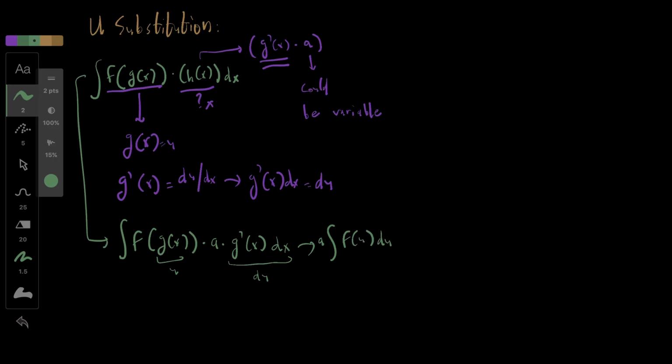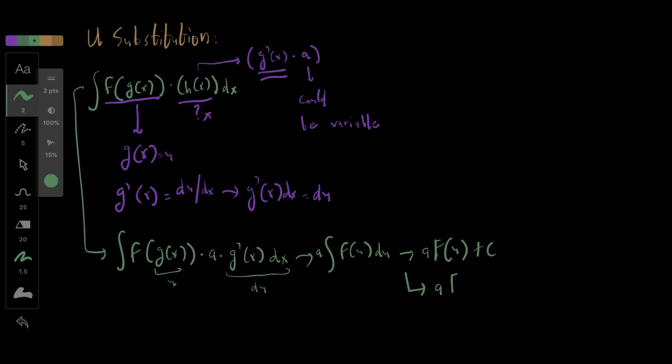Now integrating an elementary function in just one variable will be much, much easier, and we will get a times capital F of u, where capital F is the antiderivative of f of u, plus c, and then we substitute u back in for our answer, so we get a times capital F of g of x, plus c, and there's your answer.